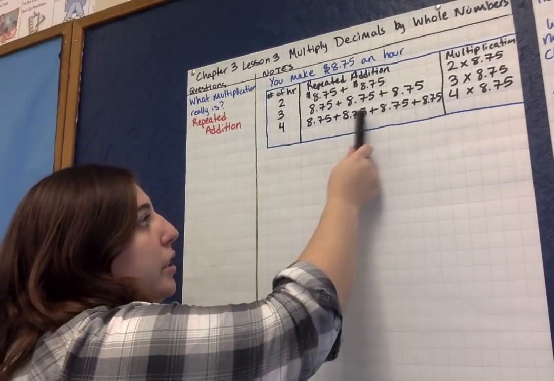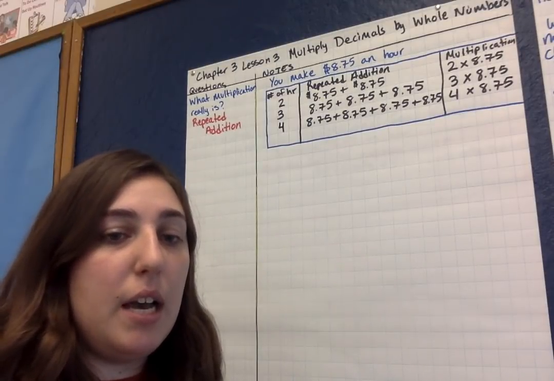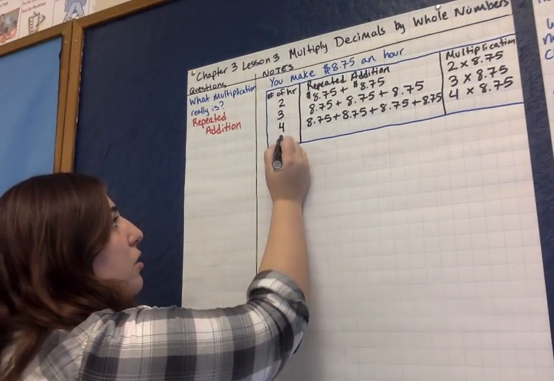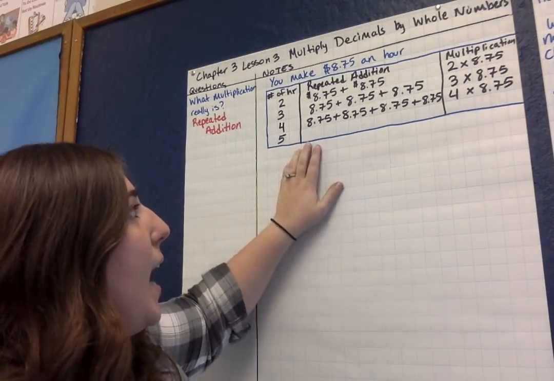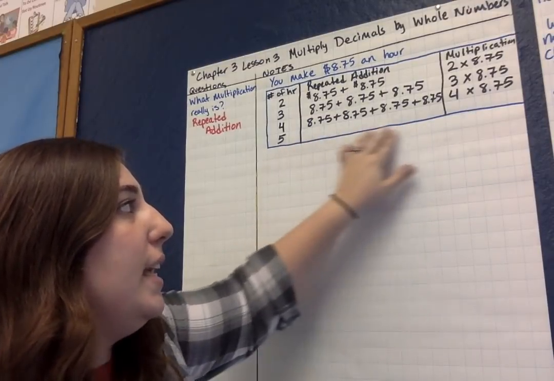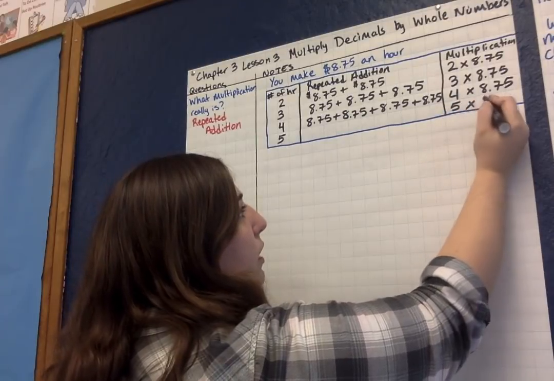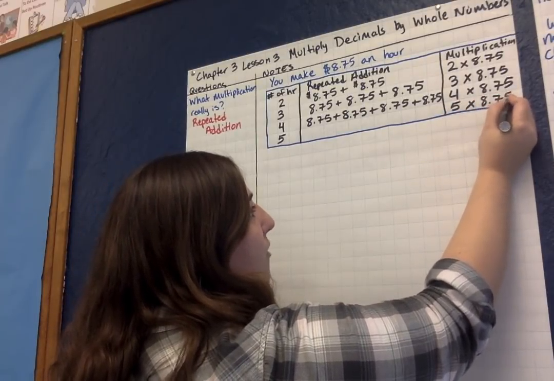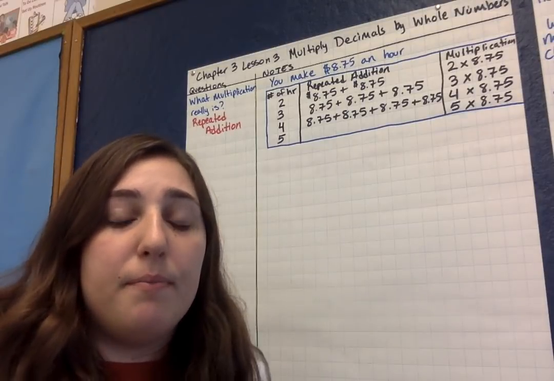So I have 1, 2, 3, 4. If you want to check your understanding, you can try, how about 5 times? You would be adding $8.75 5 times. So you should have written here $8.75 5 times. You're really multiplying $8.75 by 5. Okay?